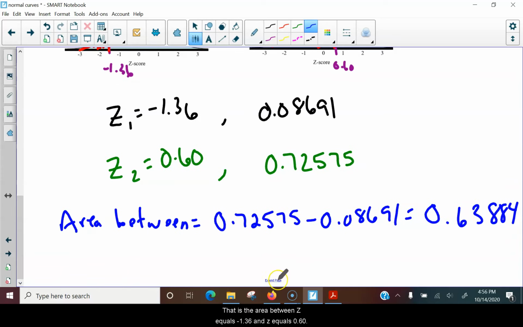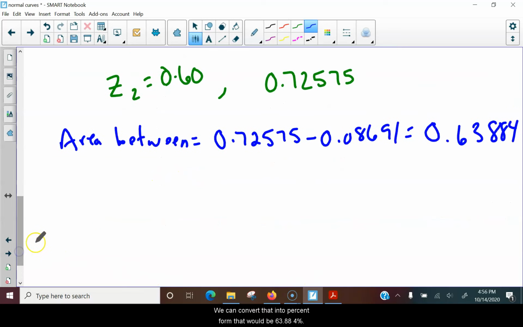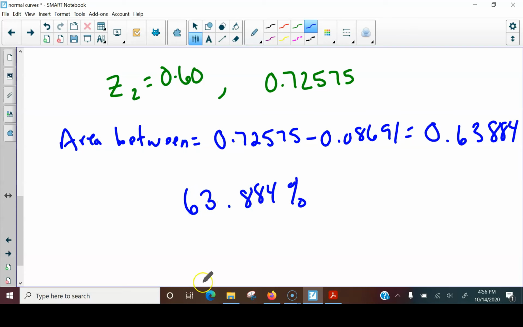That is the area between z equals negative 1.36 and z equals 0.60. We can convert that into percent form. That would be 63.884%, which means 63.884% of 12-year-olds would be between 140 centimeters and 156 centimeters tall.